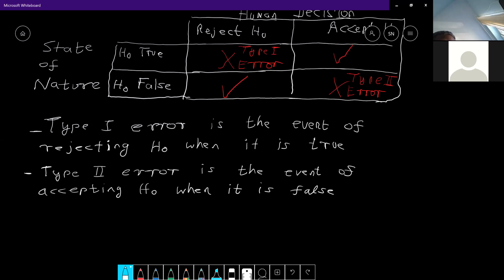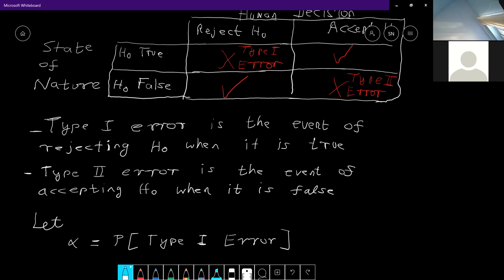Let alpha denote the probability of type 1 error.